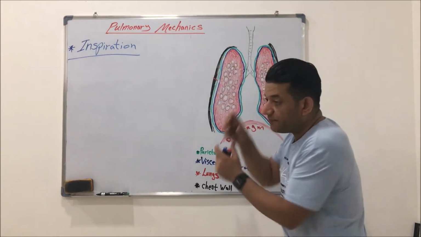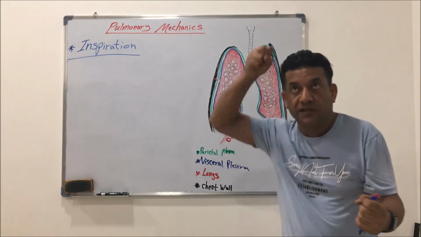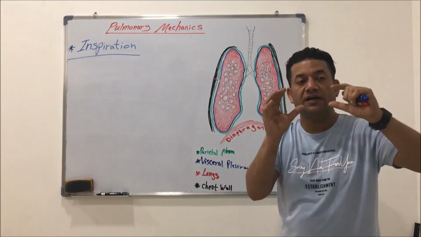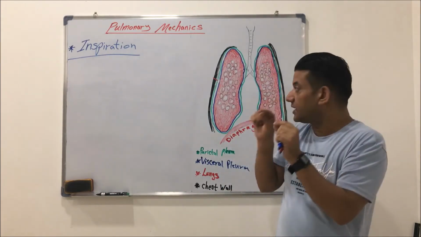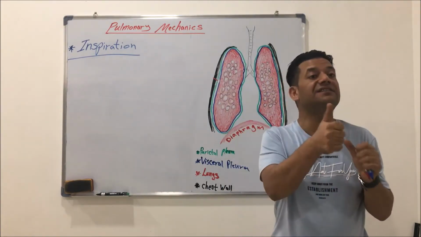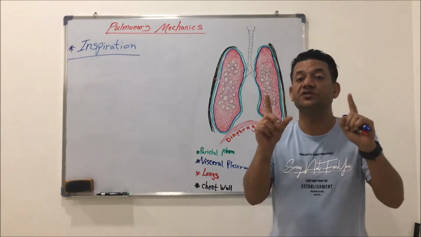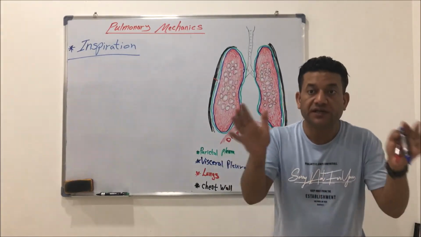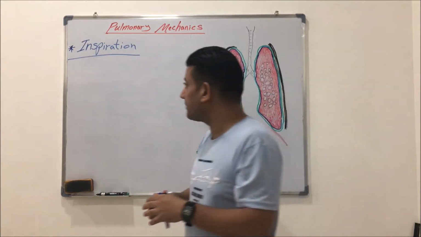So when the pleura is being pulled by the chest wall, it will cause what? This will cause the pressure inside the pleura, the intrapleural pressure, which is normally -4, to fall, to decrease more.